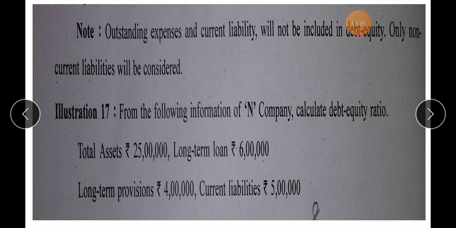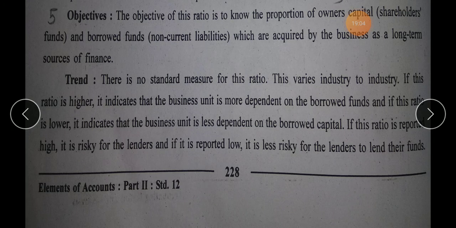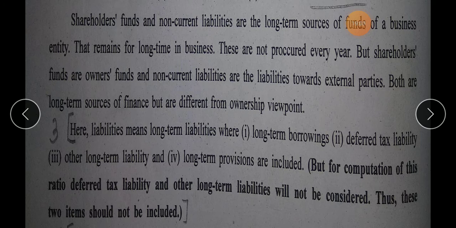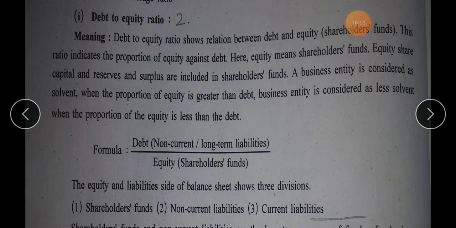Now what is mentioned on the equity and liabilities side? That we have understood here. Equity and liabilities side: shareholders' funds, non-current liabilities and current liabilities. We are provided with the information of these two and the total of liabilities side. So if we deduct the amount of these two from the total of the liabilities side, we'll obtain this. Simple.